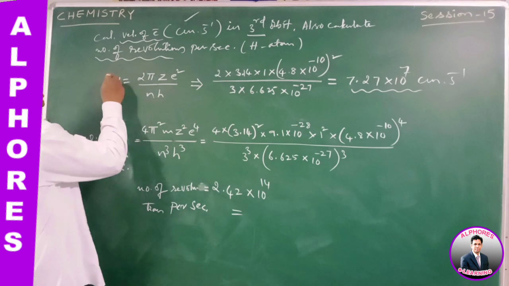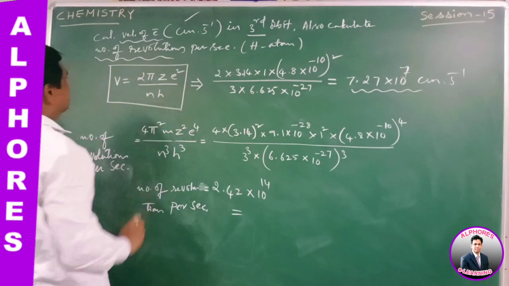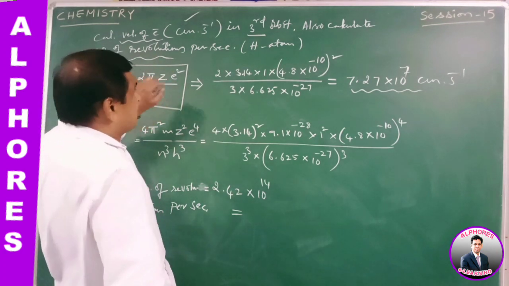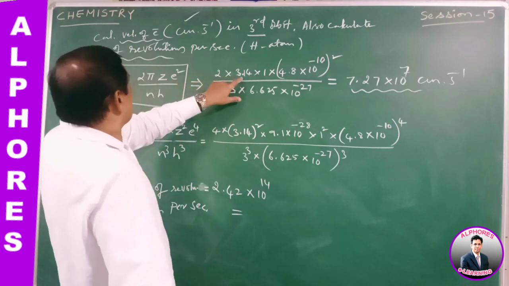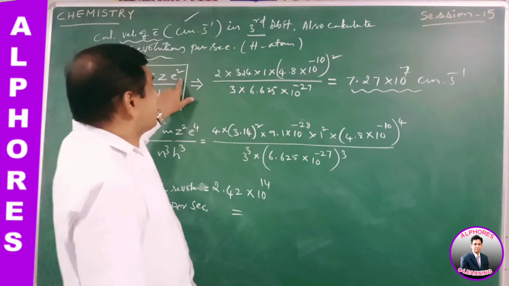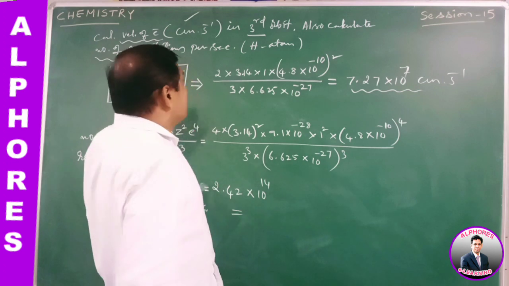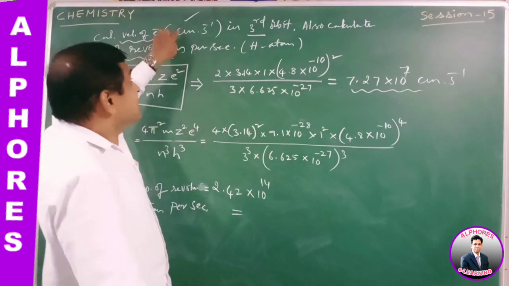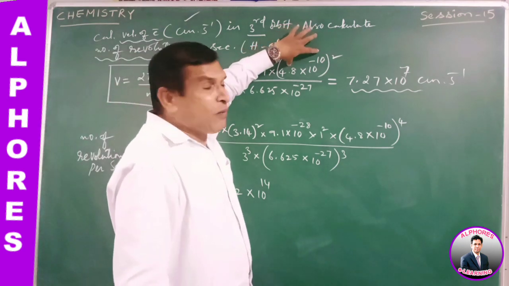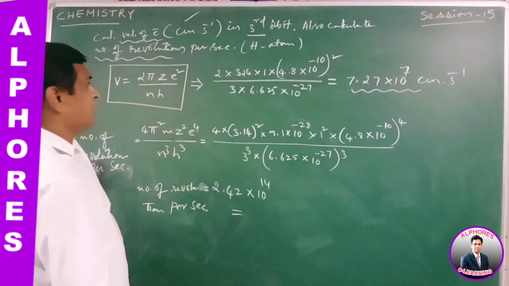This is the velocity of the electron formula. V is equal to 2πZe² by nh. So 2π value 3.14, Z for the atomic number of hydrogen is 1, and e², the charge of the electron, expressed in coulombs as well as in ESU, so in CGS units it is 4.8 into 10 to the power minus 10, whole square, by nh.